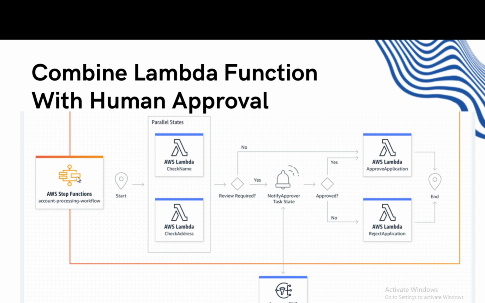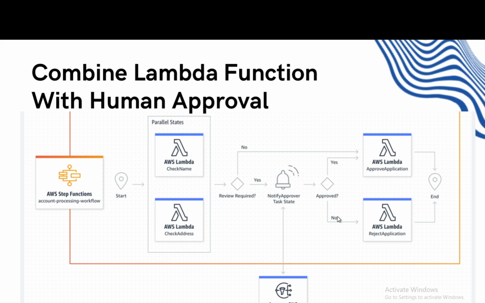So the flow is we are entering into the AWS Step Function, where this is the starting point. Then it will check the name, it will check the address. If it is true, okay, it will notify the admin with the help of AWS SNS. And if the admin has approved the request, it will go to the approve application AWS lambda.